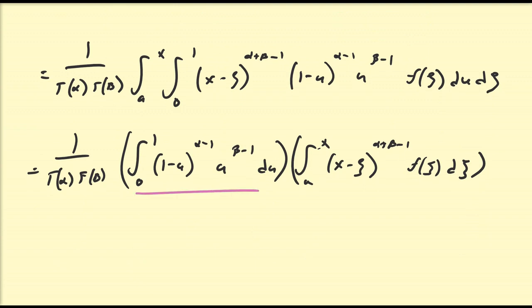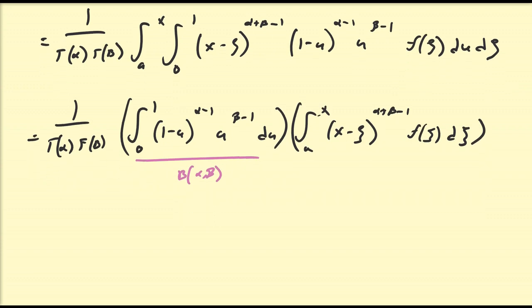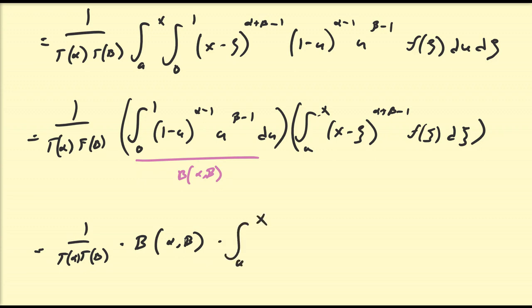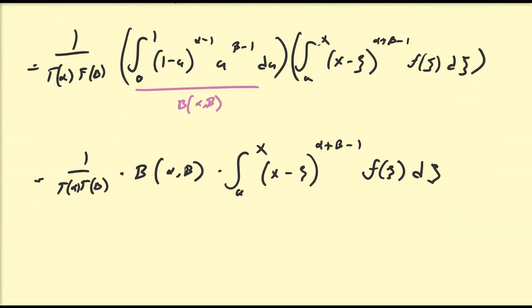So as we know, this is the beta function of alpha, beta. So this is just going to be equal to 1 over gamma alpha, gamma beta, times beta of alpha, beta, and then times the integral from a to x of (x minus psi) to the alpha plus beta minus 1, f of psi d psi.